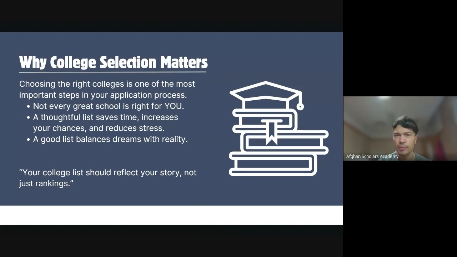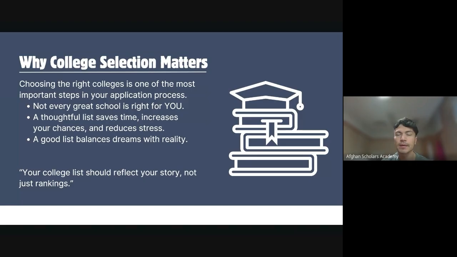I was not sure which colleges I was applying to. I was just randomly selecting some colleges and submitting my application, and I was not getting a good result out of that. That process, I remember, was very stressful as well, and didn't yield any outcome.